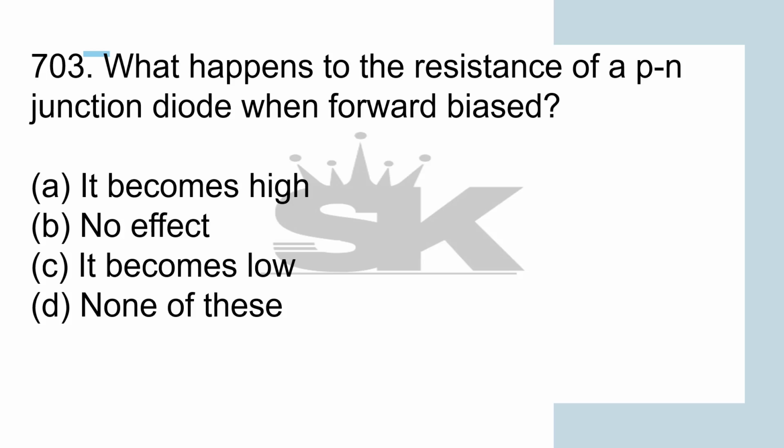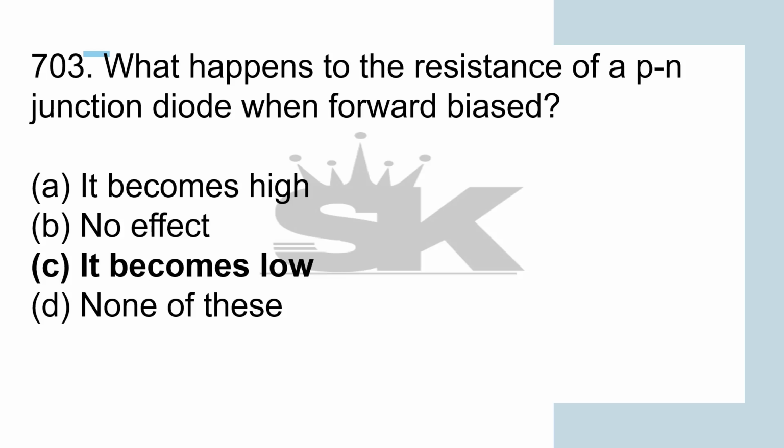What happens to the resistance of a PN junction diode when forward biased? That is, it becomes low. Okay, when a PN junction is forward biased, the effective barrier potential reduces, so therefore the thickness of the depletion layer also decreases.